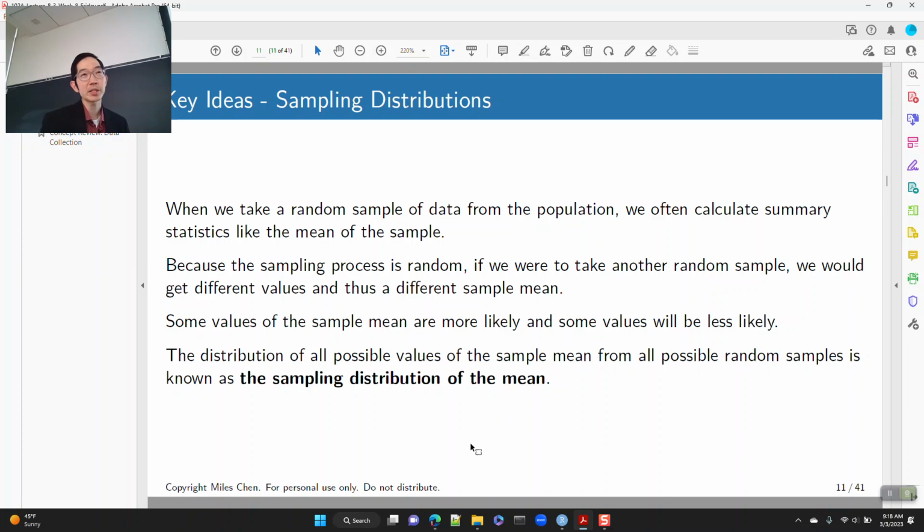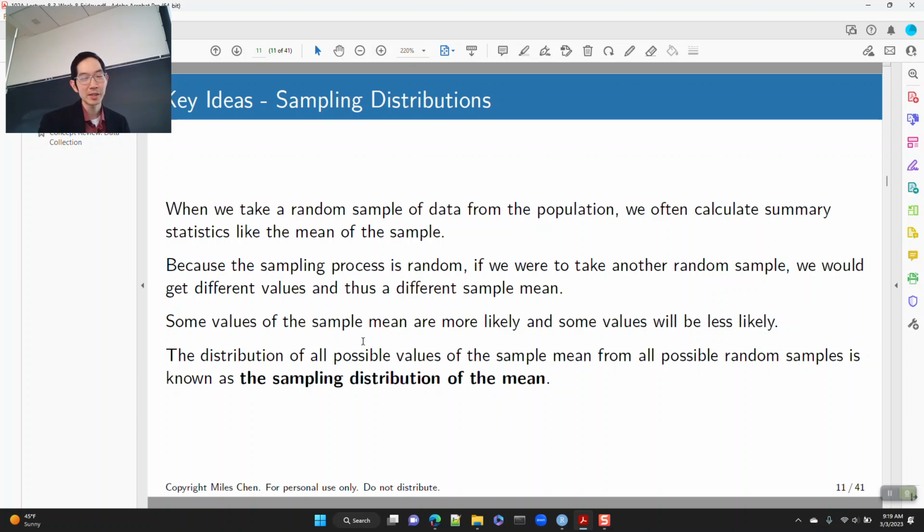Because the sampling process is random, though, if someone else were to take another random sample from the same population, the individuals that they select will be different from the individuals we selected. And so when they calculate the mean of their sample, they're going to get a different sample mean. And the question is, what kind of different values are we going to see?